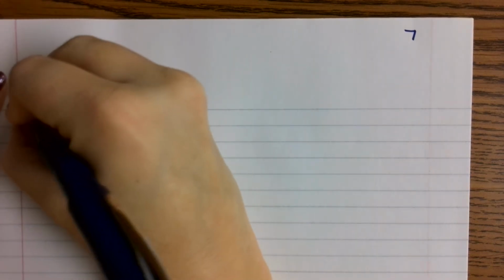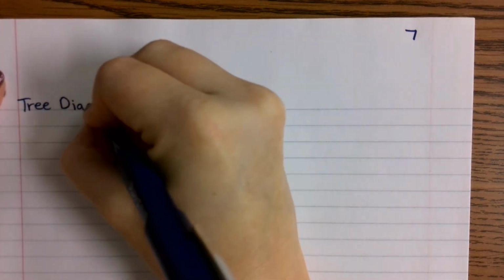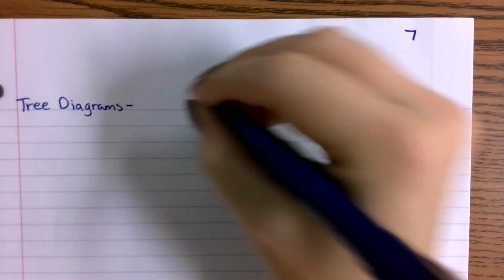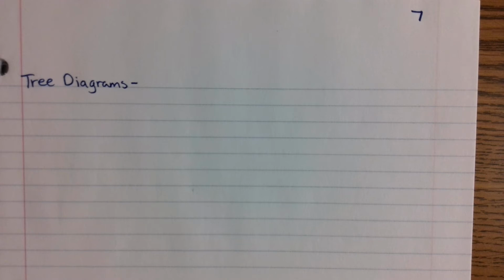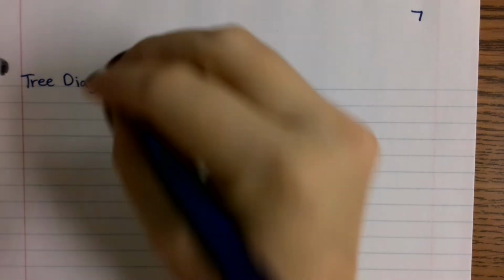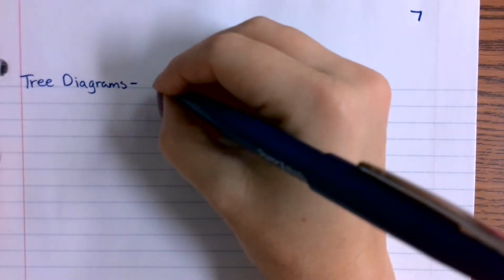And we're going to be talking about tree diagrams and compound events today. Tree diagrams and compound events. So a tree diagram, you guys have seen tree diagrams before. You've seen different formats of diagrams like Venn diagrams. A tree diagram is just an organized way to display a list of possible outcomes for multiple events that are happening or multiple activities.